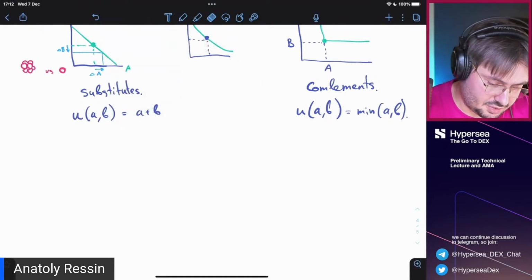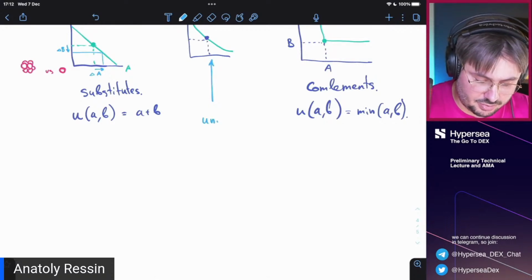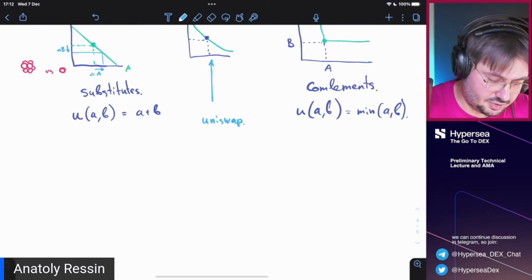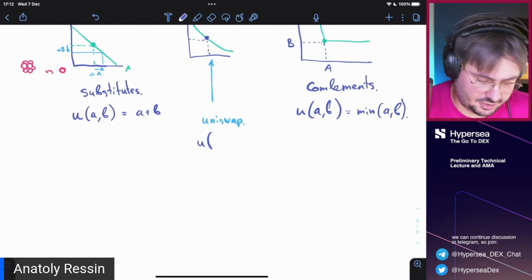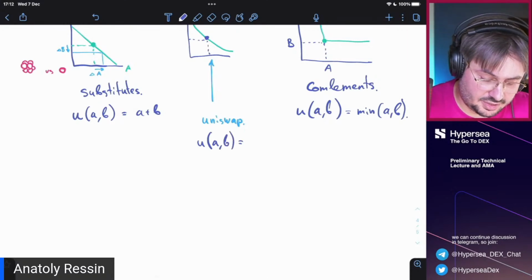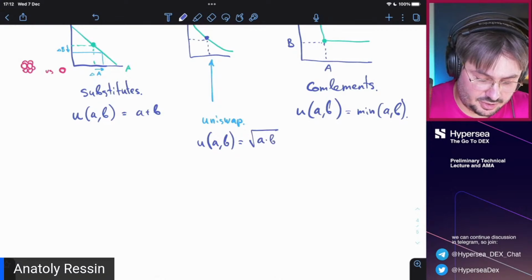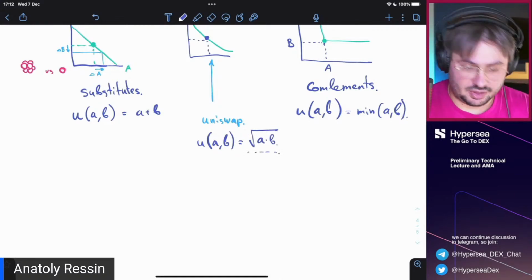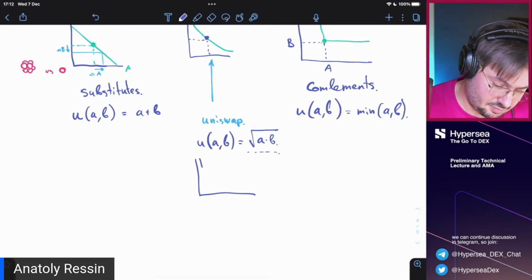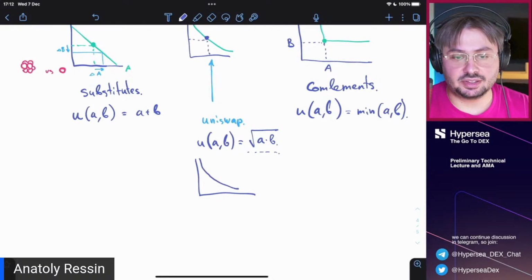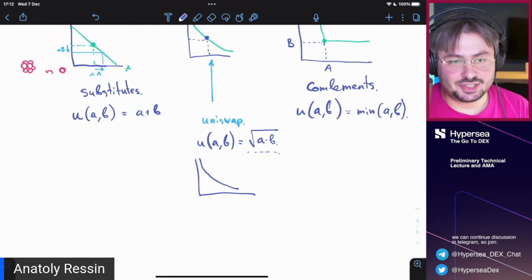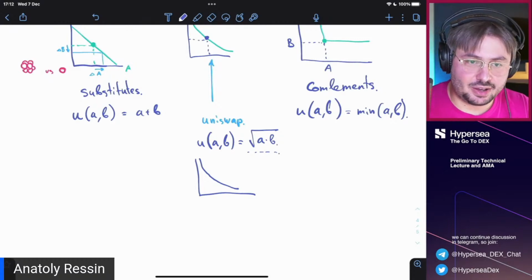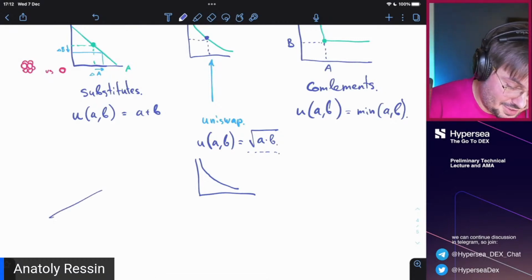And I just will say that, for example, Uniswap proposed the utility function, or the value function, of A and B as the square root of A times B. It corresponds to a hyperbola, and it is interesting to see how it looks like.